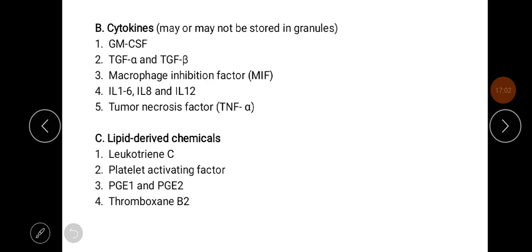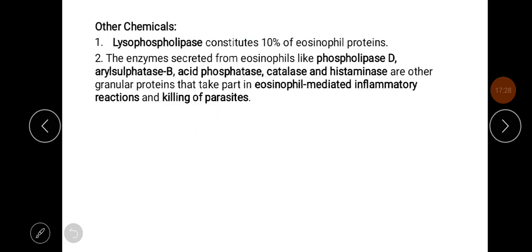Some of the cytokines which may or may not be stored in the granules are GM-CSF, TGF alpha and beta, macrophage inhibition factor, interleukin 1 to 6, interleukin 8, and interleukin 12, tumor necrosis factor alpha, lipid derived chemicals like leukotriene C, platelet activating factor, PGE and PGE2, thromboxane B2, while other chemicals like lysophospholipase constitute around 10% of the eosinophilic proteins.